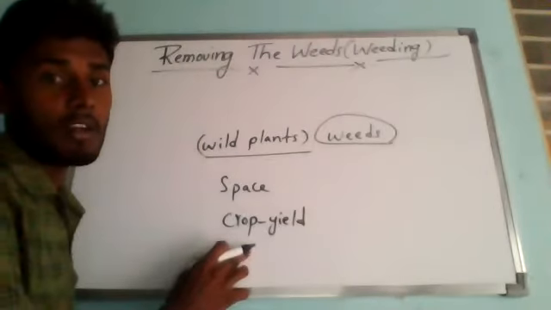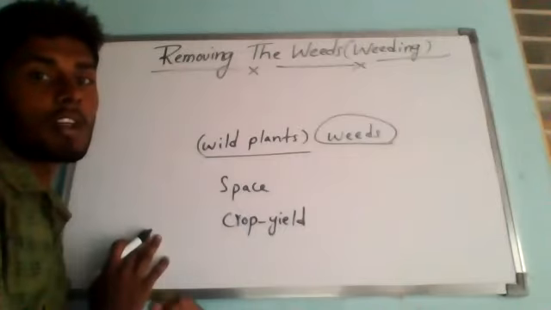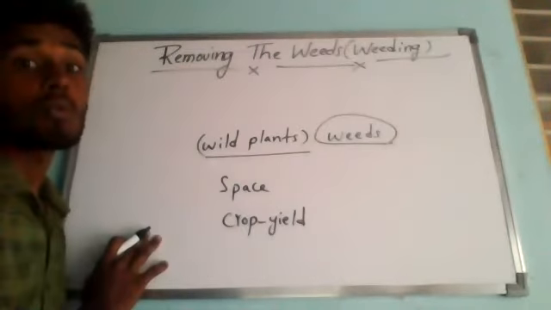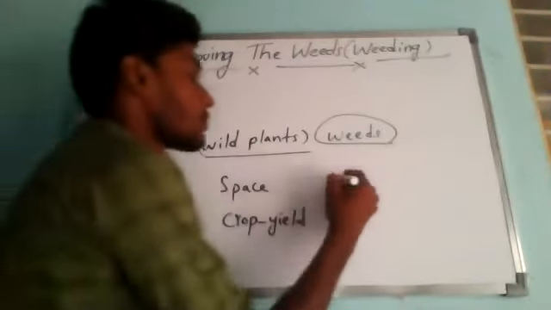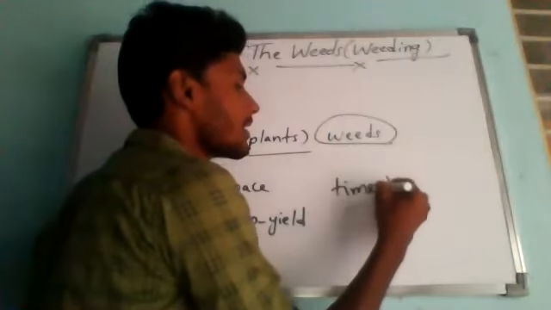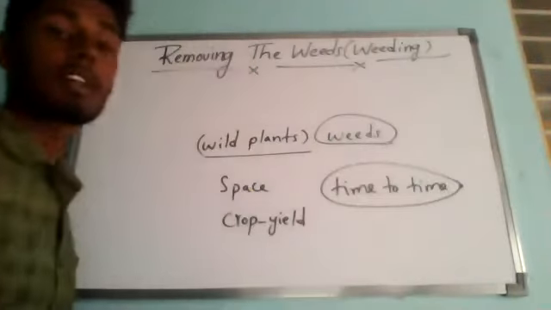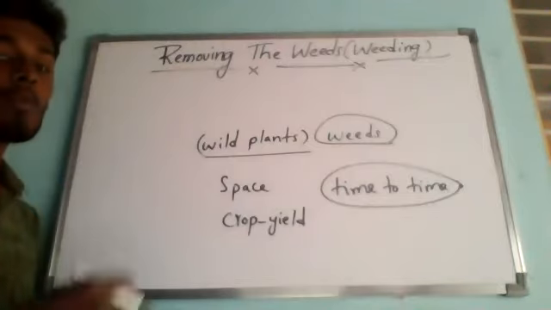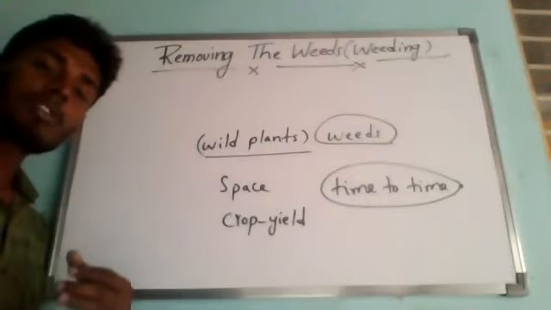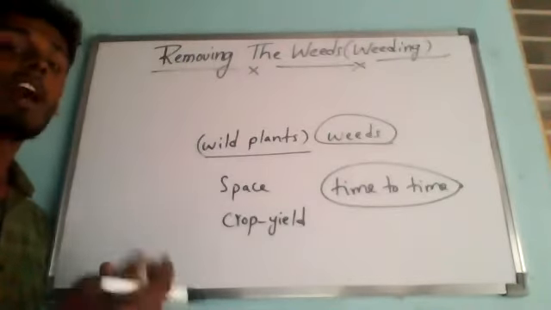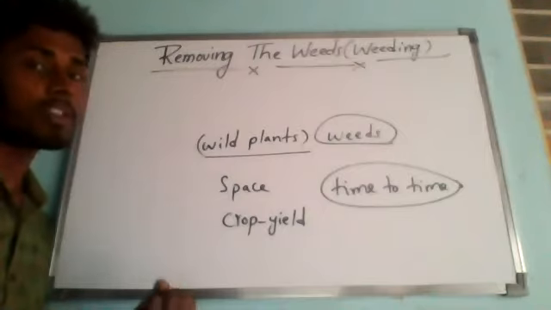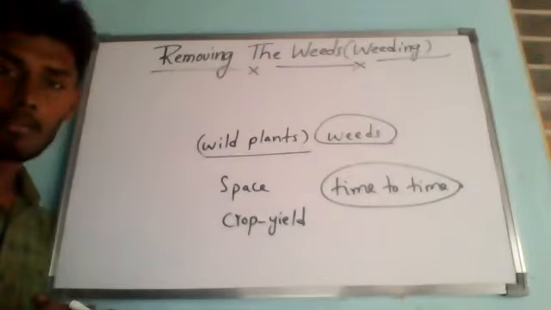Therefore it is necessary to remove them from time to time. Understand? In a single crop cultivation, we remove these weeds like 2 times, 3 times, 4 times, because once we remove them, after 1 week or even 2 or 3 days, other weeds grow again, which we can observe in our daily life also.